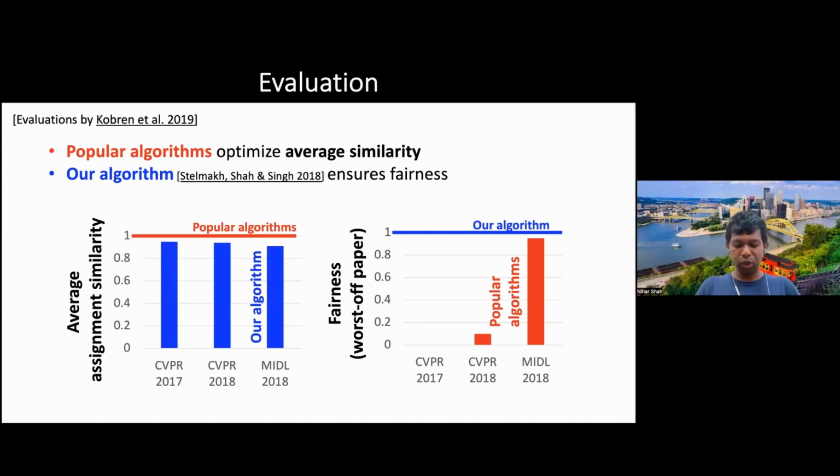So two things. One, people have done measurements like what I'm showing you on this slide. These are measurements on actual real world venues where they have found that the popular algorithms are highly skewed. If you look at the fairness plot on the right-hand side, the red bars are for popular algorithms and they're very low for the two large conferences. Now, in terms of author surveys, people have done author surveys with respect to the quality of the reviews. And the problem in trying to measure anything else is the following.